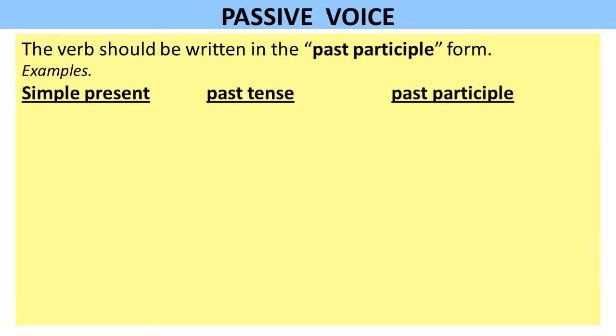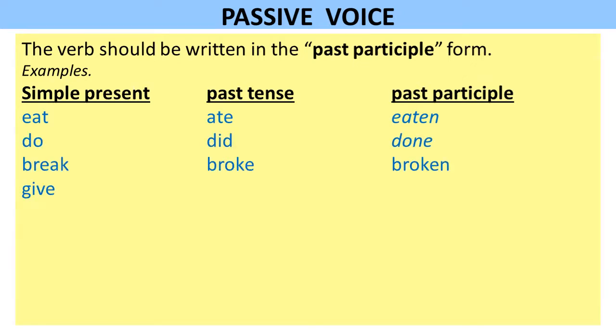Here are some examples, only some examples. Eat, ate, eaten. Such words, past tense and past participle, are different words.